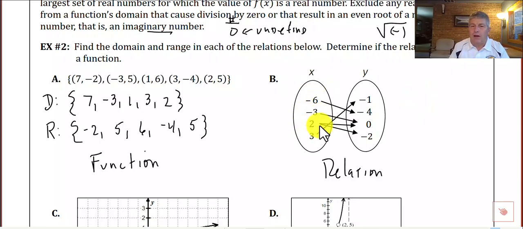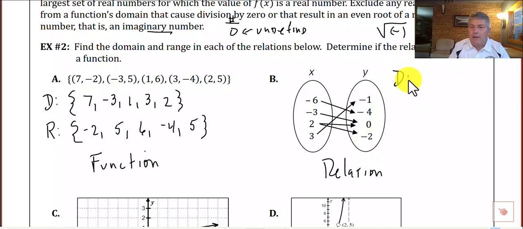If you're running a chocolate factory, you don't want to put in some set of ingredients where you might get Wonka bars and you might get gobstoppers. Both are good results, but not any way to run your business. We definitely want to know what our output is based on our input. And here in B, when we input 2, we're not sure what we're going to get. So this is going to be a relation.